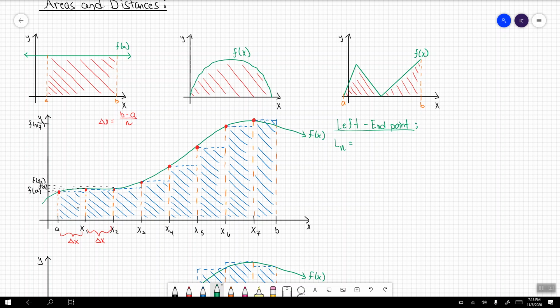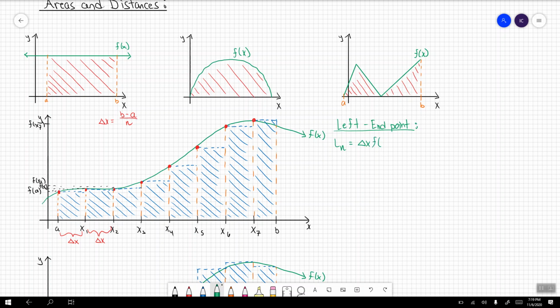And we're going to take the summation of all of these rectangular areas. I'll save that sigma notation for a bit. We're going to take delta x, the width from a to x sub 1, times its height, which is going to be f of a.